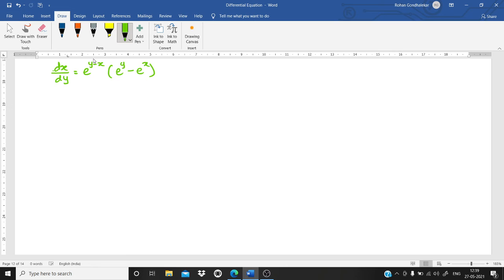So how can you solve this? That's fine. So this is dx by dy is equal to e raised to y minus x into e raised to y minus e raised to y minus x into e raised to x.